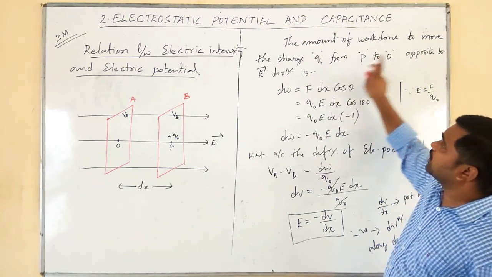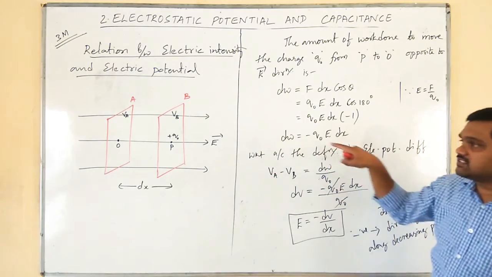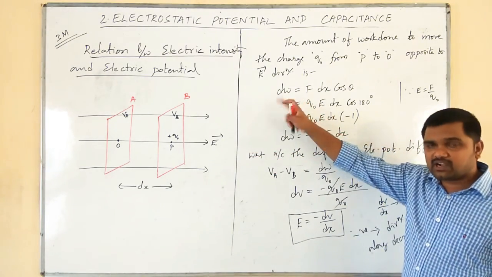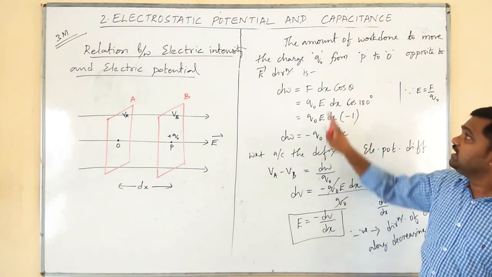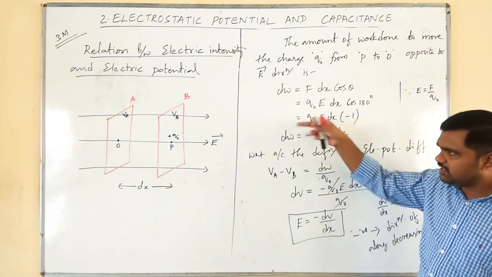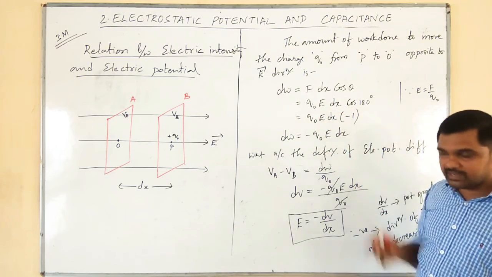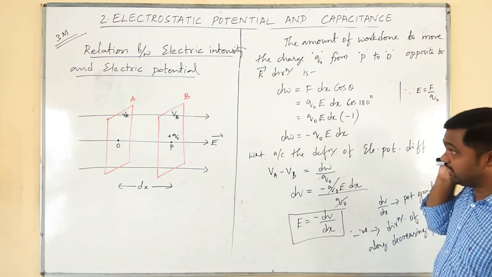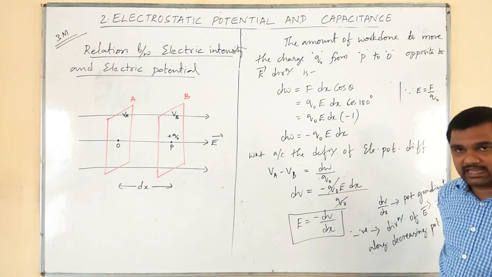Therefore, the amount of work done to move the charge Q naught from P to O against or opposite to the direction of electric field is given by, according to the definition, dW is equal to F dx cos theta. Here the angle between F, which means indirectly E, and dx is 180. Therefore, cos 180 is minus 1. Therefore, dW is equal to minus Q naught E dx.